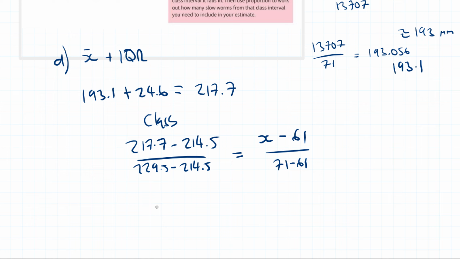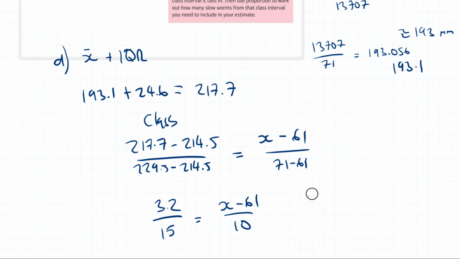So we just plug in the numbers. It's going to be 217.7 minus 214.5, which gives you 3.2, divided by 229.5 minus 214.5, which is 15. And that's equal to x minus 61 over 10.